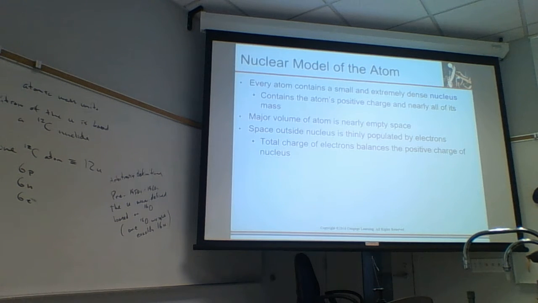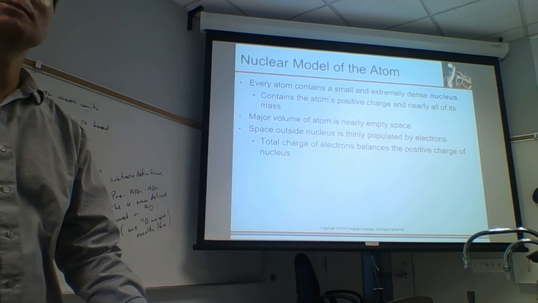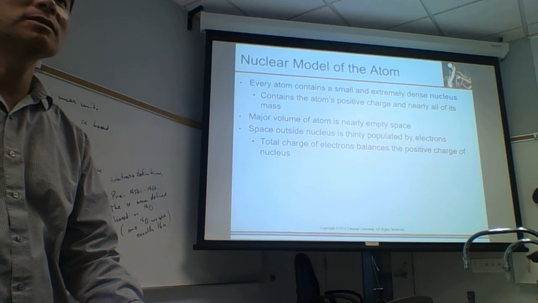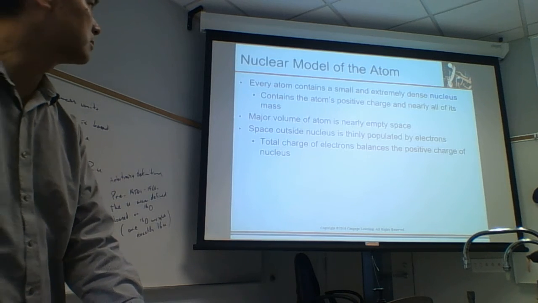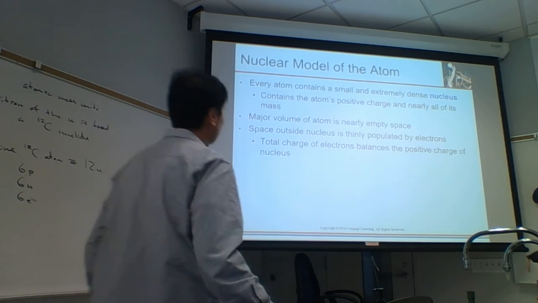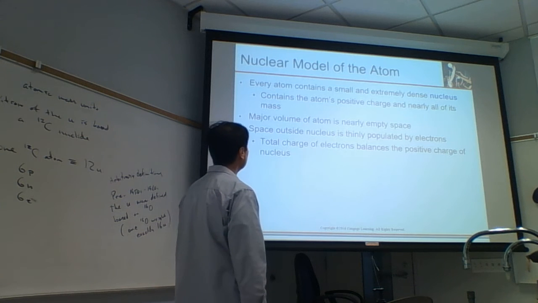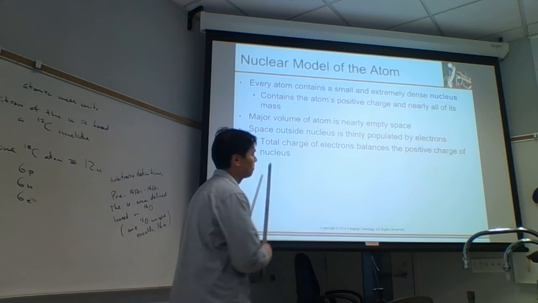And so gold is 20 grams per cubic centimeter, and you're looking at 20 tons per cubic centimeter. This is a huge difference. So this tells you how dense the nucleus is. The atoms are mostly empty space. I've got to double check that calculation, but it's something like that.